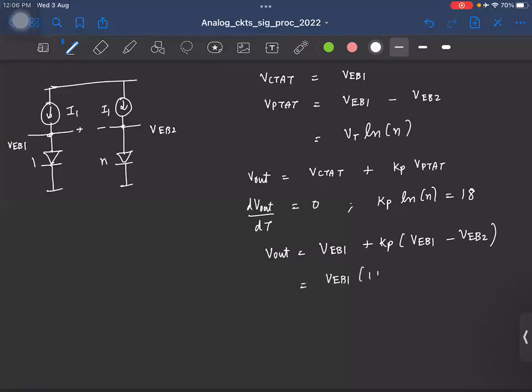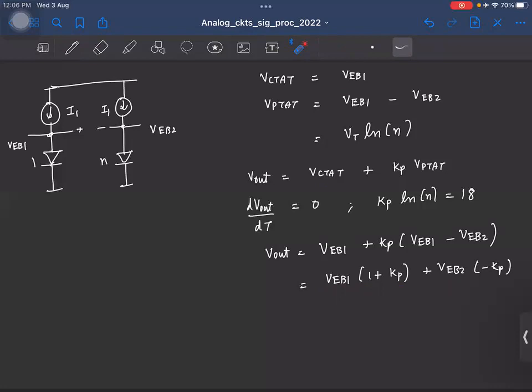EB1 times 1 plus Kp plus VEB2 times minus Kp. Okay. So basically what we need is a circuit that can take one voltage, amplify it by 1 plus some factor, and another voltage by negative of that same factor. So do you know some simple circuit that can do this?